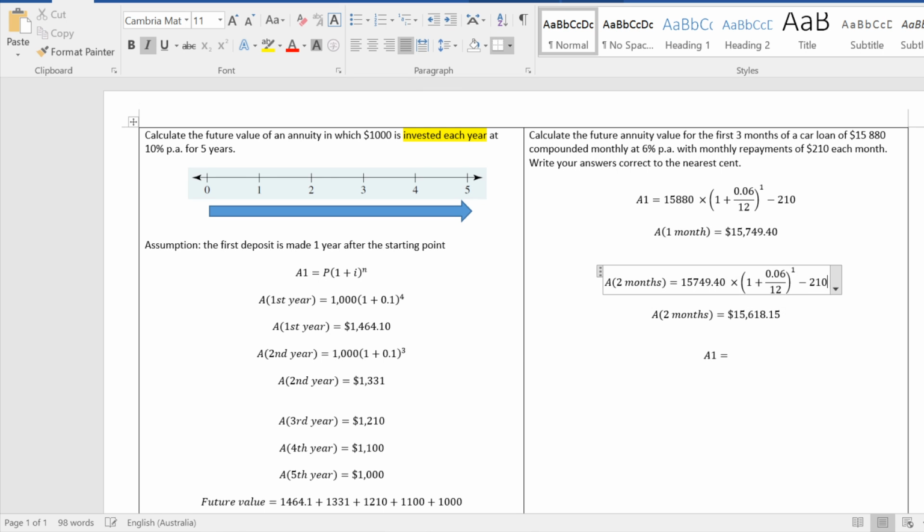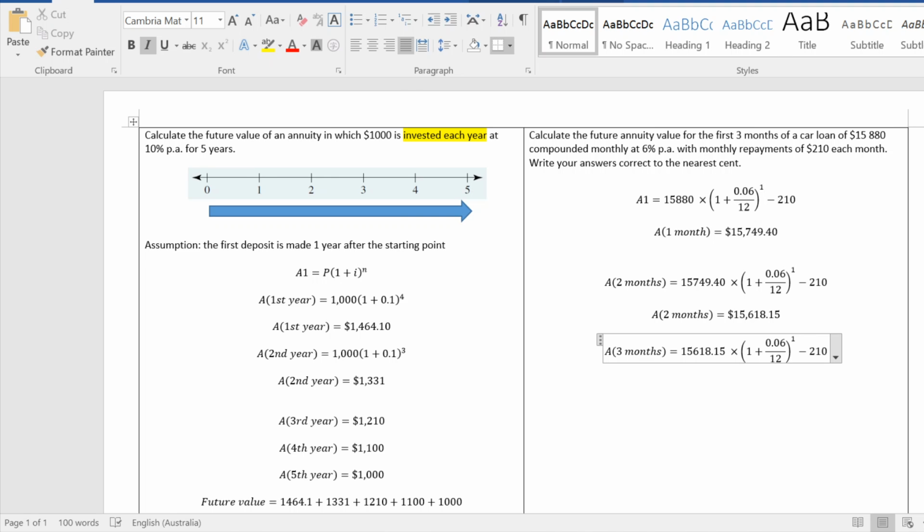All right, now we'll go to the 3rd month. Again, as you've probably figured out, the process is very much the same. This time, instead of 2 months, it's 3 months. Instead of using our $15,749, it has reduced once again to $15,618.15. And as we spoke about earlier, this is how these reducing balance loans work. This is how they kind of make their money. If you miss a payment, you start falling quite far behind.